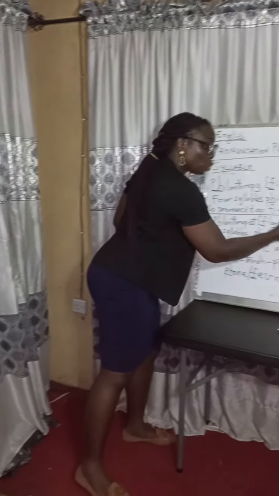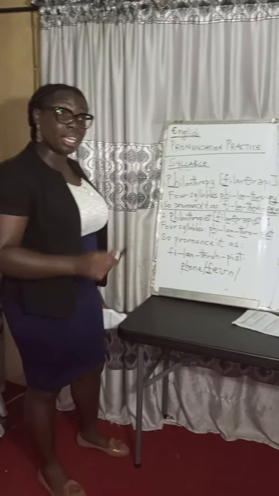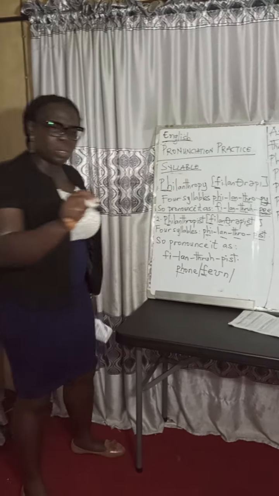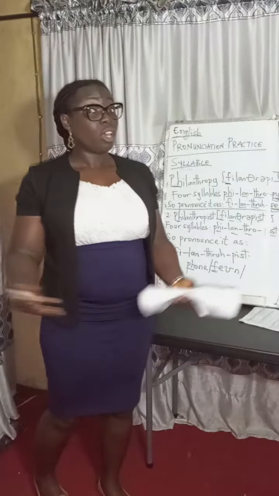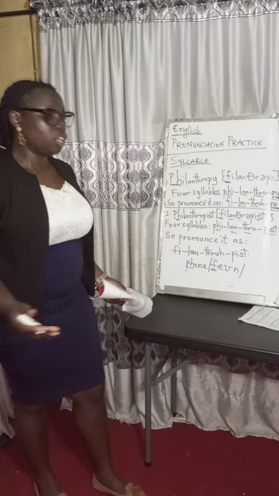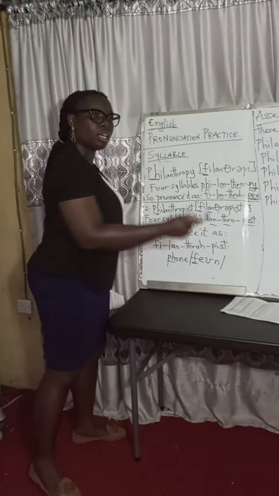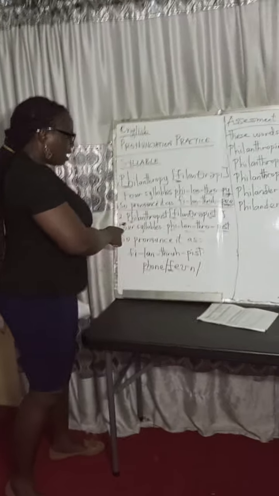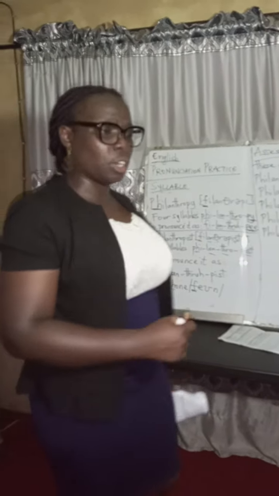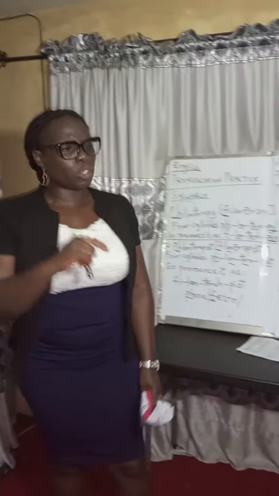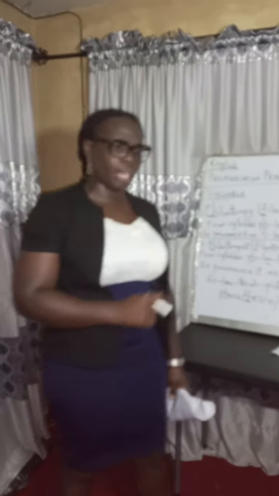I already told you how to break it up into syllables. You break it up, you listen, you practice. You listen, you practice. Before you know it, you've mastered the word. So type philanthropy, listen. Type philanthropist and listen. Good. Let's continue.